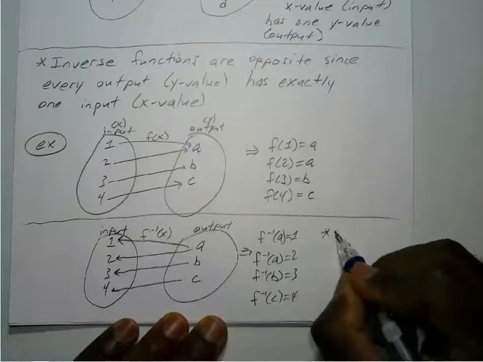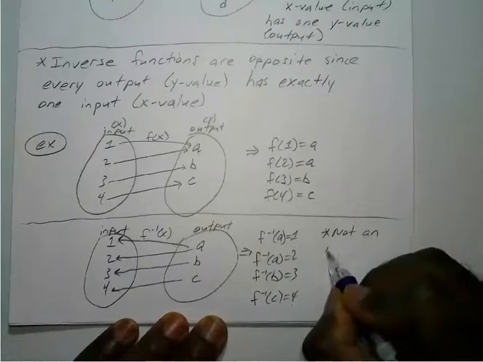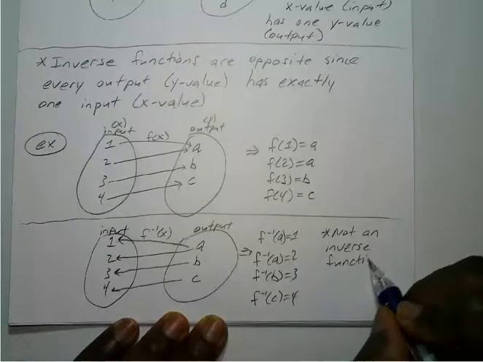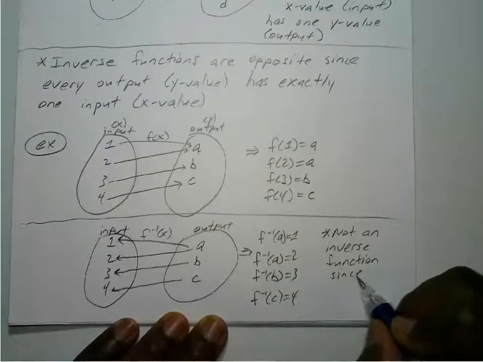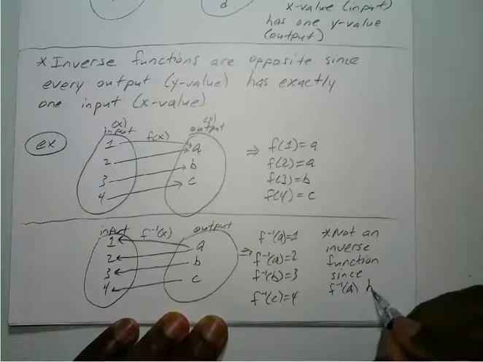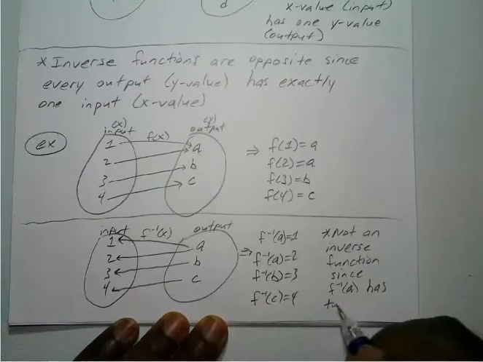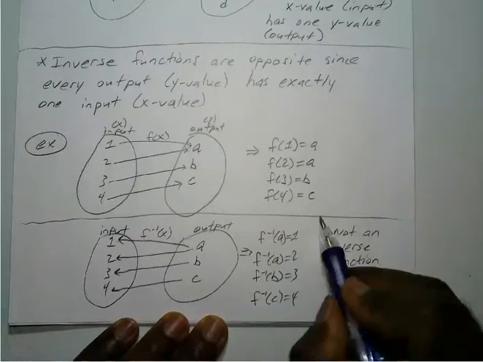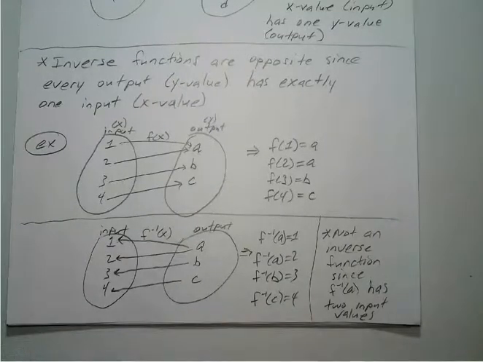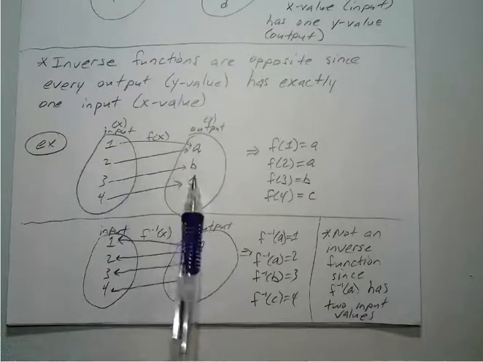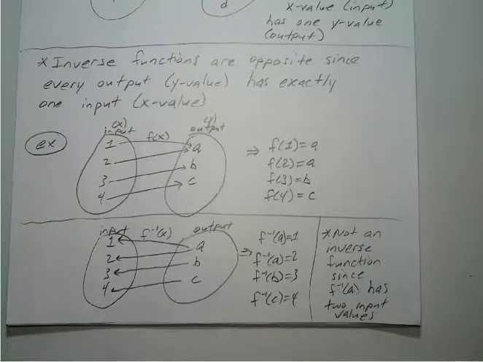So technically, this is not an inverse function, since f inverse of A has 2 input values. This was just to give you an idea of how you would go about creating an inverse function.